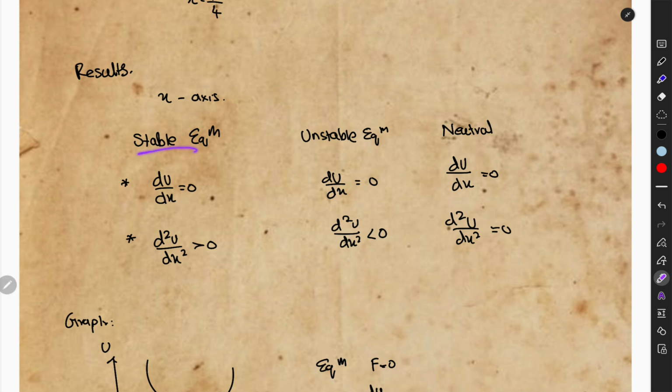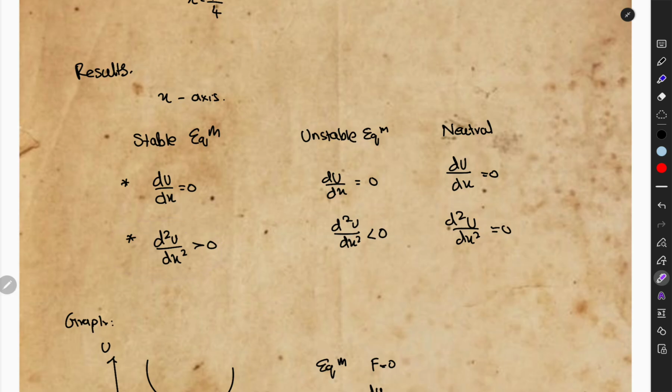When it is stable equilibrium, dU/dx is equal to 0. When it is unstable also, it's going to be the same. Neutral also, it's going to be the same. This is the universal condition for equilibrium, irrespective of whatever equilibrium you analyze. But what does differ? The difference occurs in the double differentiation.